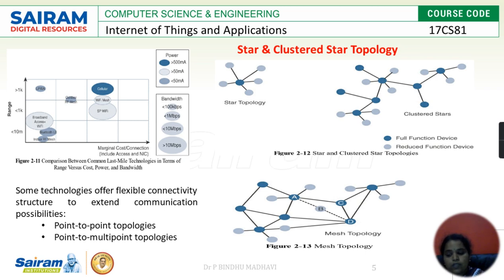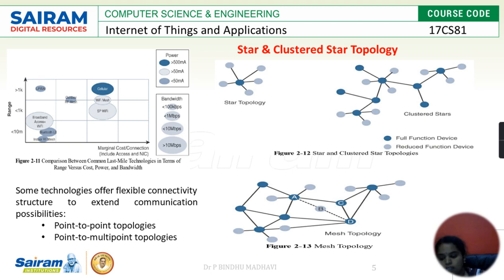And in mesh topology, I guess there is a unique network where each computer connects with the other one. So it means each computer on the network connects to the others. The connection between all the devices of the network is point to point here.